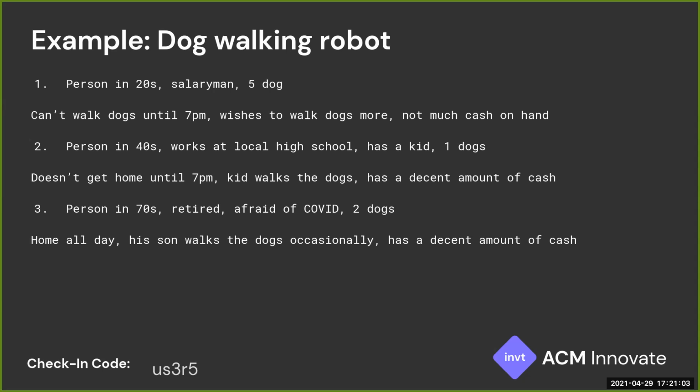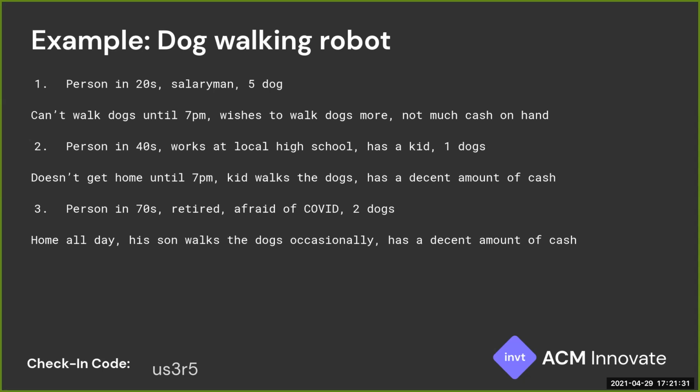And occasionally, from time to time, their kid comes over to walk the dogs. But you know, it's something that they would love to see their dogs be walked more often. And they have a decent amount of cash, just being in retirement. So maybe this third group might be the ideal group to target for your first users.